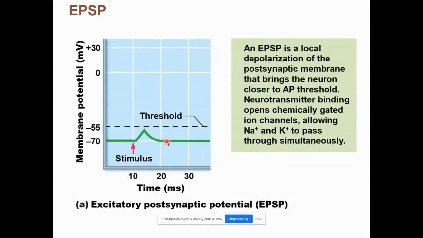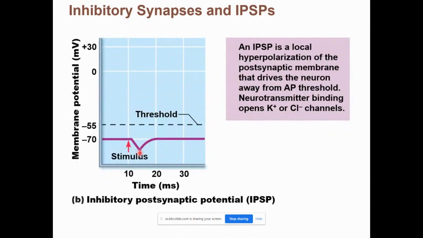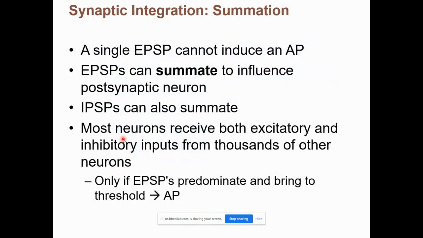Because we're getting closer to threshold. If it's inhibitory, well, then we get hyperpolarization, right? So you want to match hyperpolarization to inhibitory because it's harder to produce an action potential if the graded potential is making the membrane more negative than the resting membrane potential.